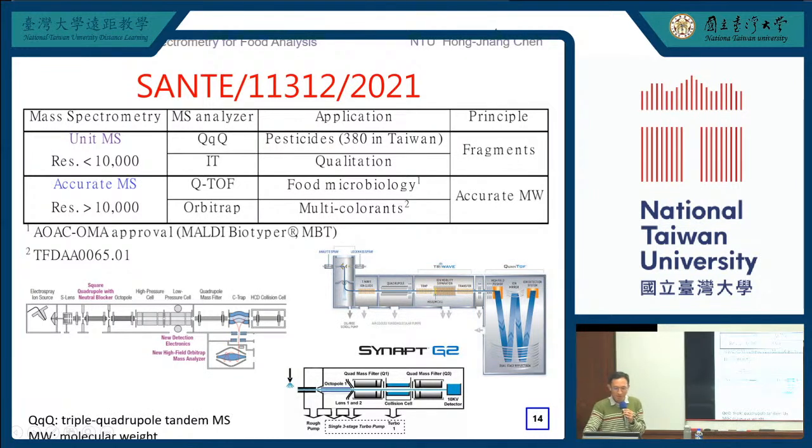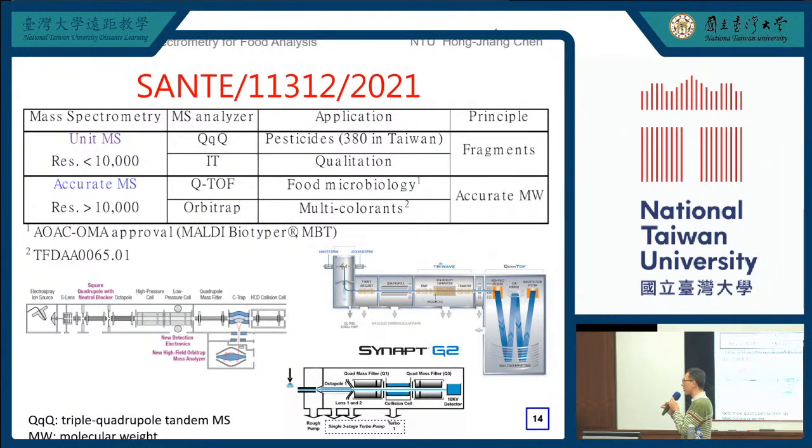This one has a linear ion trap here, the linear ion trap is a quadrupole, and the Orbitrap here. So they have three types of mass analyzer together. So they call it the MS/MS technique. Am I clear? Thank you for your question.